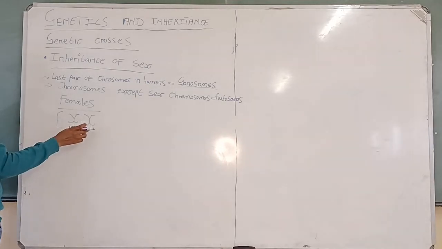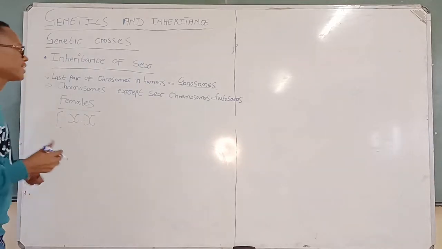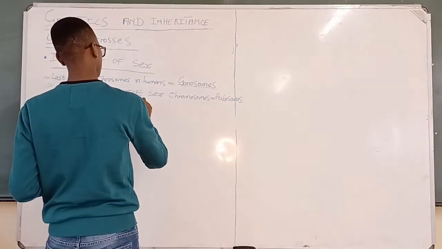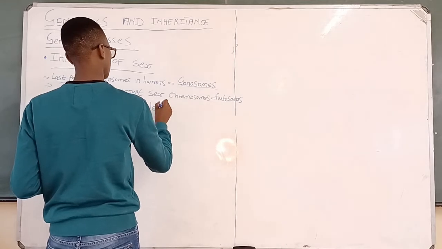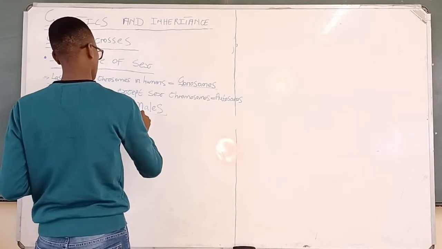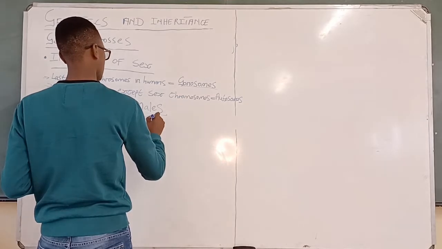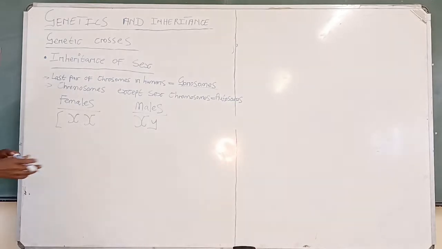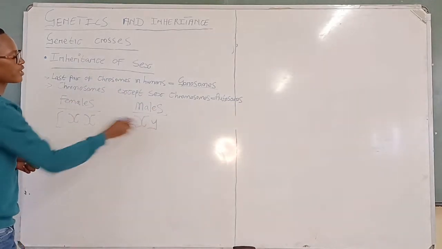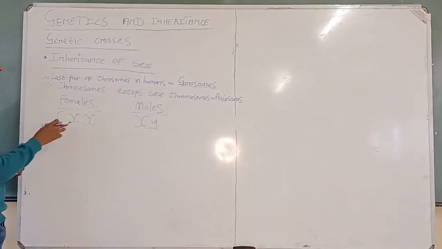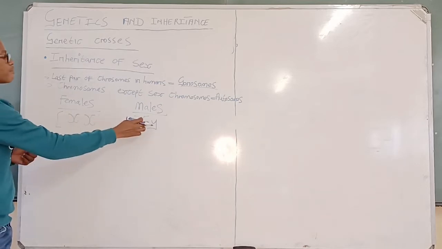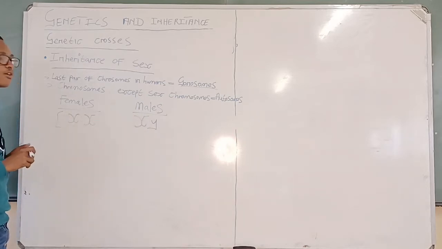So we have X and X chromosomes, and then in males we have an X and a Y chromosome. It means the gonosomes in males are X and Y, and in females they are X and X. So this is our genotype. It is what is in the genes of these genders.